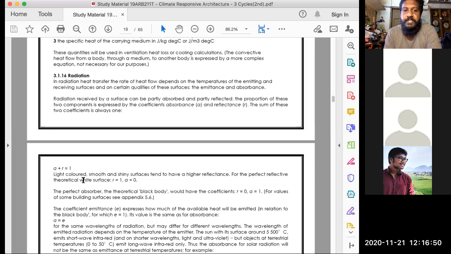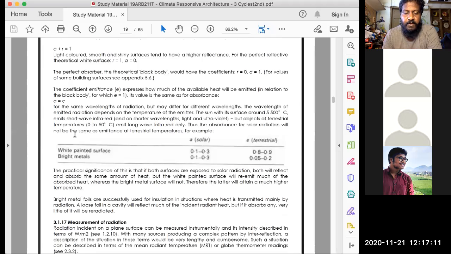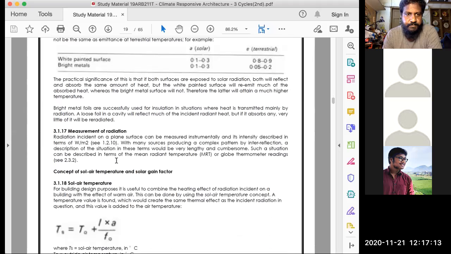Because a light color is reflective, the R value is 1 and the absorbance value is 0. In a black body, the reflectance R is 0, whereas the absorbance is 1. That's how these surfaces work.